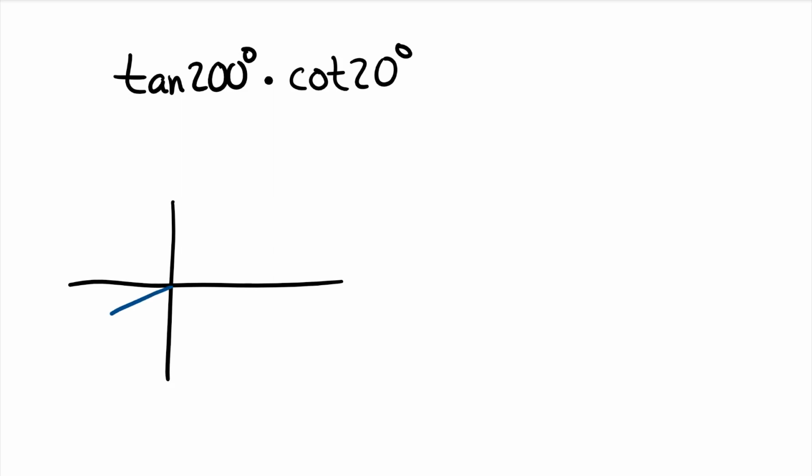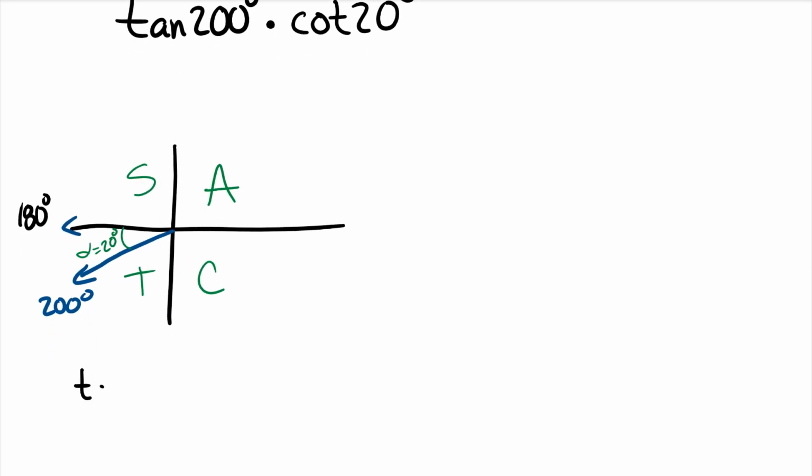This is the tough one. You're going to have 1 in your homework, and I get 200 degrees. And this is 180. So do you know the reference angle of 200 degrees? It's 20, isn't it? And ASTC, isn't tangent positive in the third quadrant?